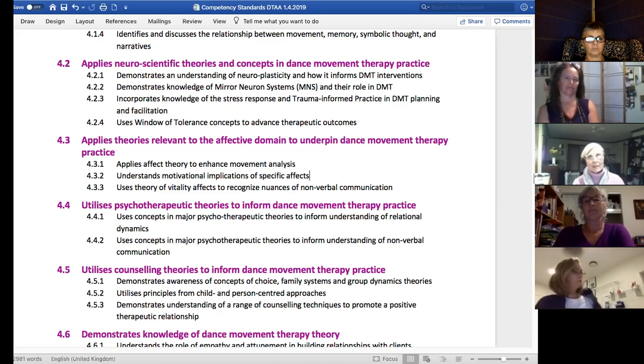Again, how you teach these or what you use, it's just that these are important things that we felt a dance therapist currently needs to be able to communicate and apply.